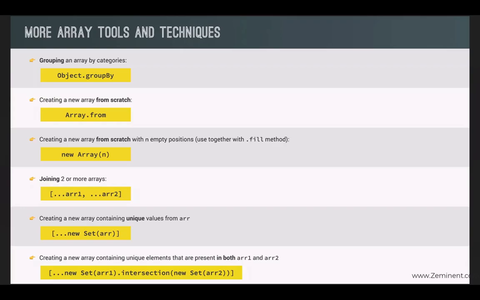If we wanted all the elements that are present in two arrays, then we can again convert them into sets, use the intersection method on the set, and then spread the result into a brand new array. Once again, these are just a few more ways to work with arrays that you should keep in mind. Now, okay, with this, we are finally done with the summary lecture.